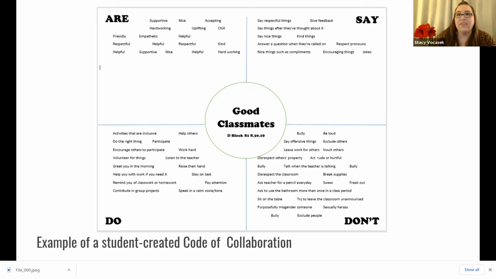And then that gives you a thing to come back to too, when you can say, oh, Jen, were you behaving like a good classmate when you were talking when Sarah was talking? And you can go back to that code of collaboration and have that conference with the kiddo and show them where maybe they need to be a little bit more aware of how they're behaving.